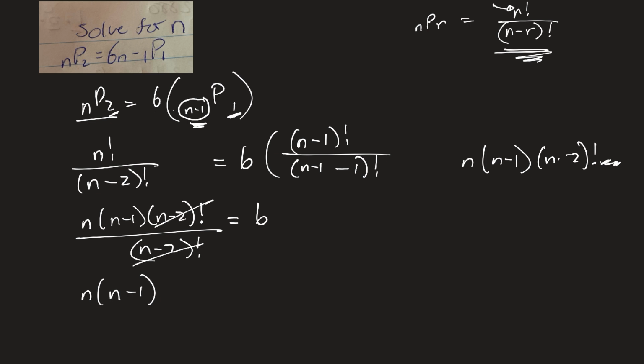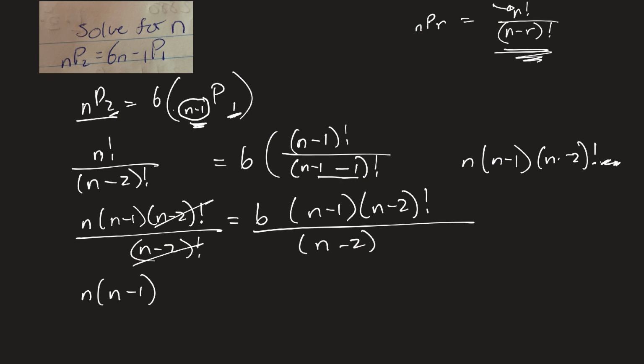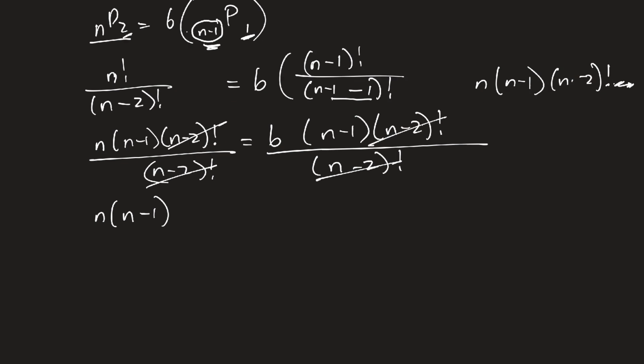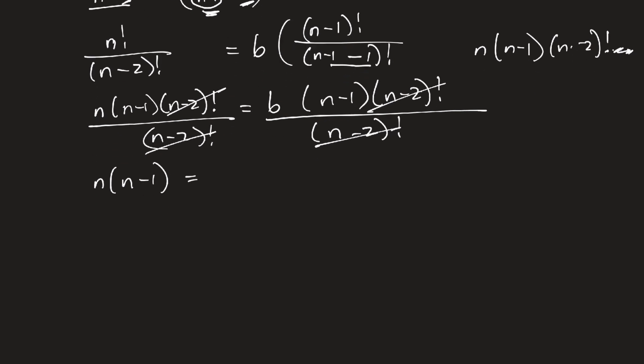So I have 6 times n minus 1 factorial, which is n minus 1 times n minus 2 factorial. I did that because I noticed on the bottom, n minus 1 minus 1 is n minus 2 factorial. Notice that on the top and the bottom I have those two that I can cancel. So this is equal to 6 times n minus 1. That's all that's left on the right side.